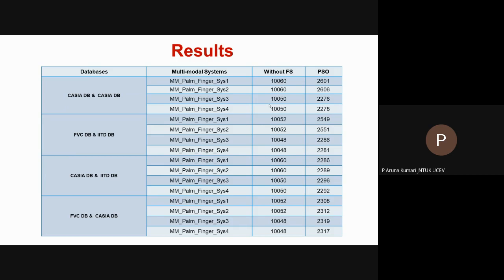You have developed different combinations of palm print and fingerprints, and after feature level fusion we got different sizes in different systems based on the different feature extraction algorithms: 10,060, 10,050, 10,048, 10,052, like that. When we applied particle swarm optimization for feature selection, it was reduced to 2,600, 2,200, 2,300, like that.